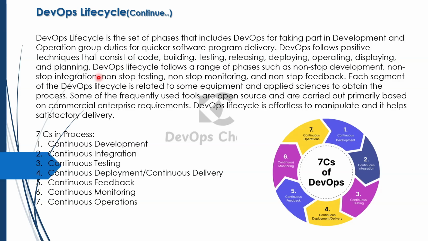Each phase of the DevOps lifecycle is related to some tools and technologies to achieve the process. Some of the frequently used tools are open source and are chosen based on the business's requirements. We'll learn about these tools while discussing these phases, so no need to worry about the tools involved in these phases.